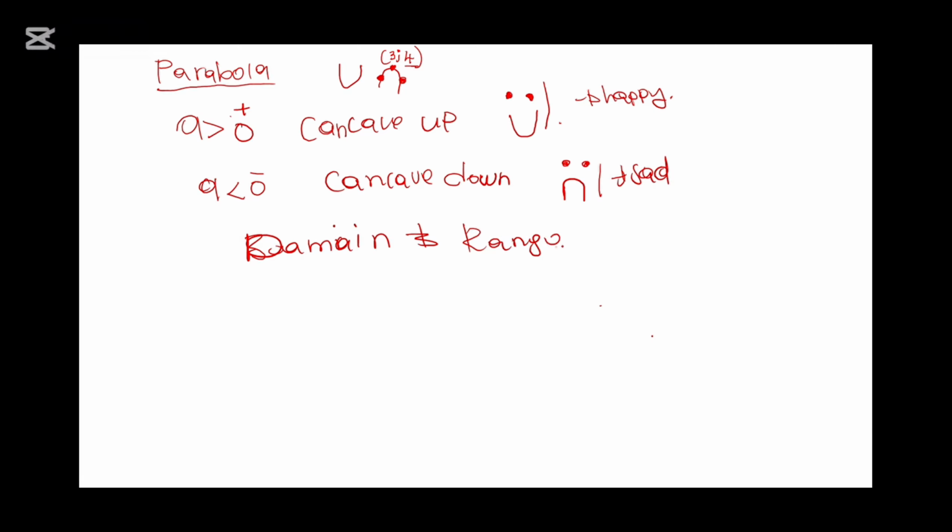So basically, for the domain, our x is an element of the real numbers. For the range, if our a is greater than 0, our y will be defined from, remember, our q, the y value of the turning point. So you're going to start from there to be defined to infinity.